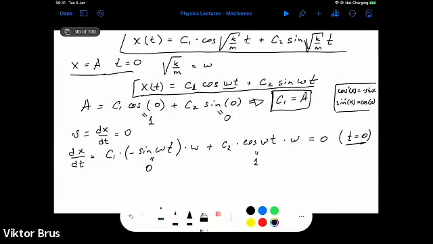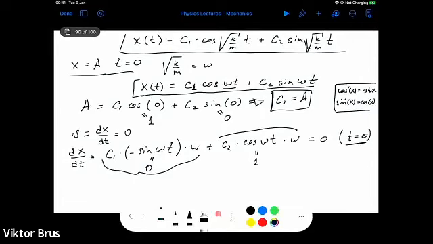So we can rewrite this. This part will be equal to 0, and then we end up with only this part, and we see that this part is equal to 0. That means that omega, angular velocity, is not equal to 0, because it's equal to square root of k divided by m, and these are constants and they are not equal to 0.